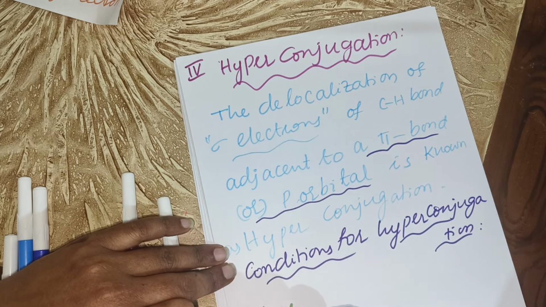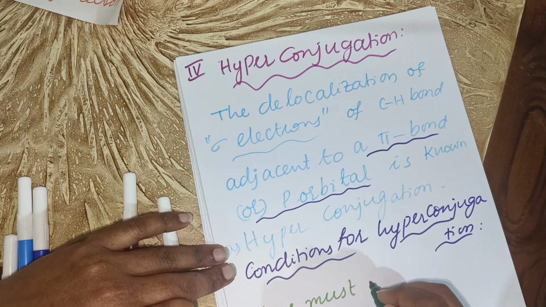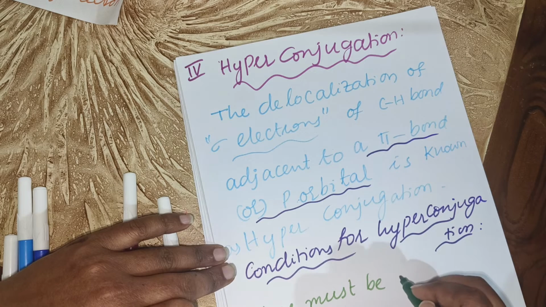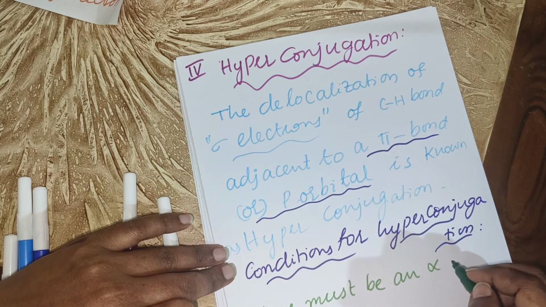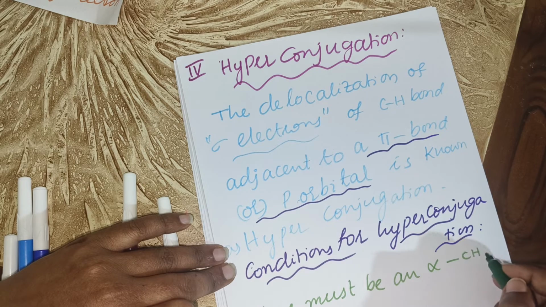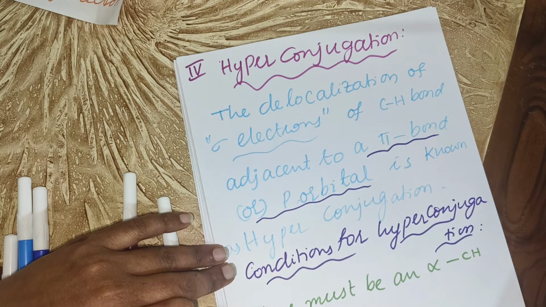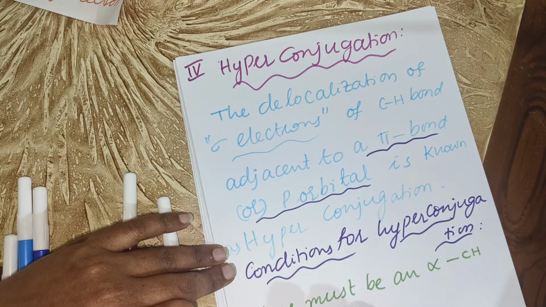There must be an alpha CH group, in brackets we can write sp3 carbon.